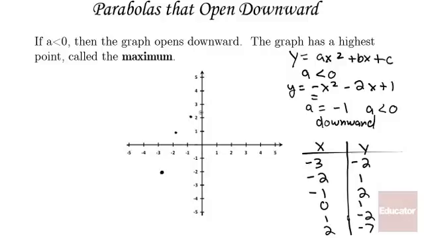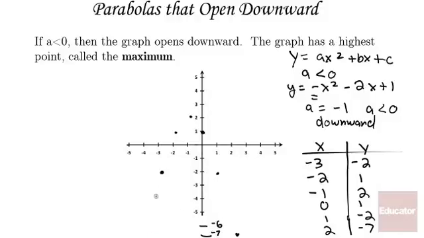So we can already start to see the shape here. When x is 0, y is 1. So now the curve's coming down. When x is 1, y is -2. And finally, -7 is going to be right about down here. So when x is 2, y is going to be down here at -7.